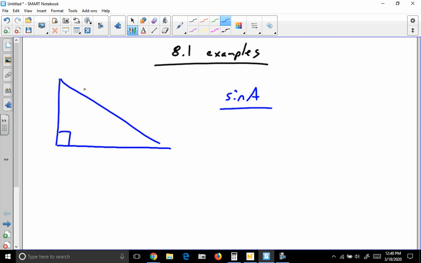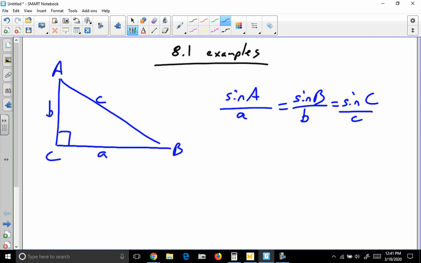If we have any triangle, including a right triangle, and we label the angles A, B, C and the corresponding sides little a, little b, little c, then sine of angle A over side a equals sine of angle B over little b equals sine of angle C over little c. For any given triangle, that ratio will be true for each angle-side pair.